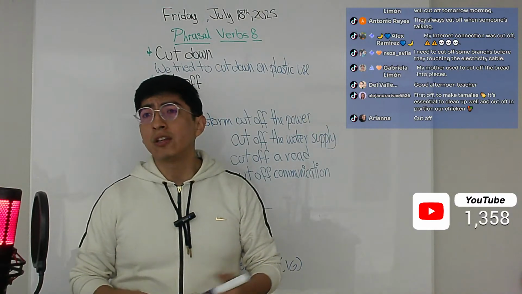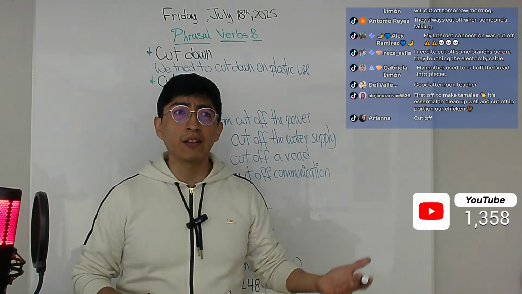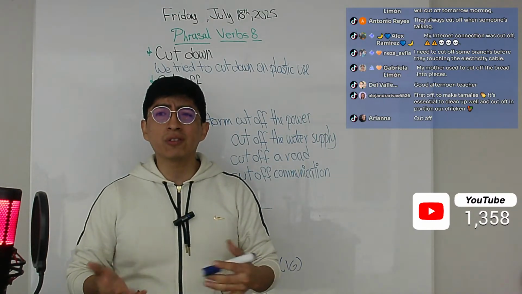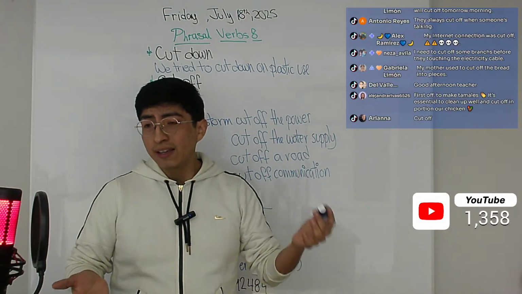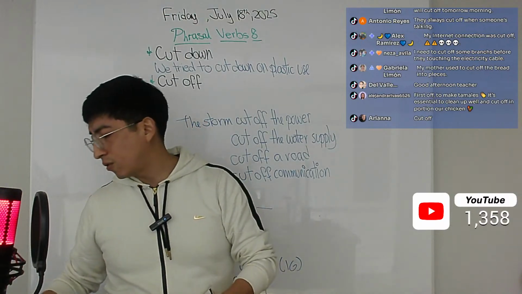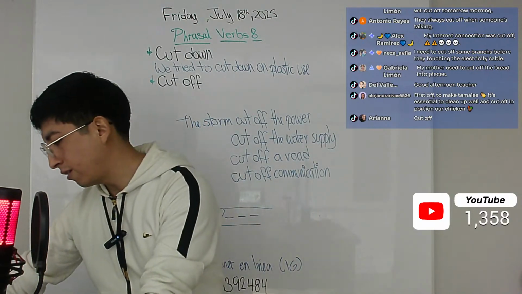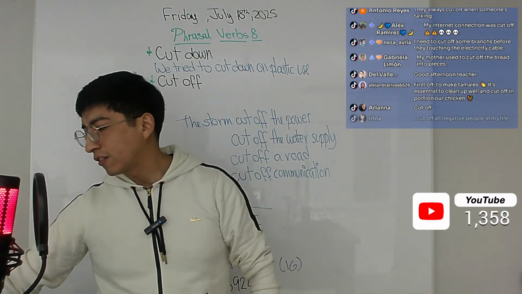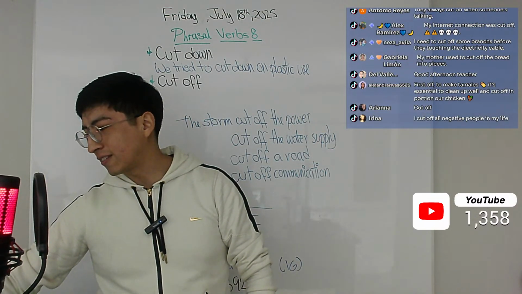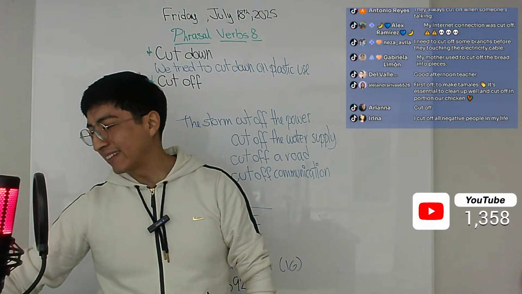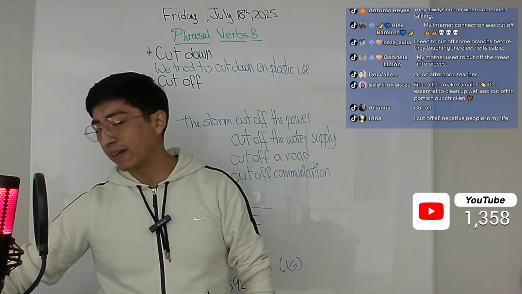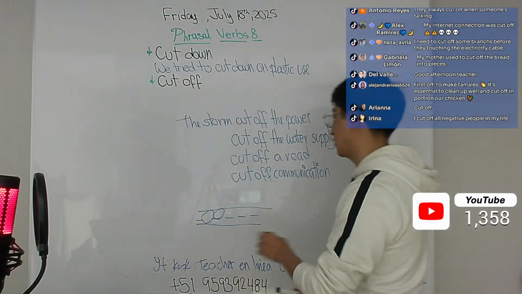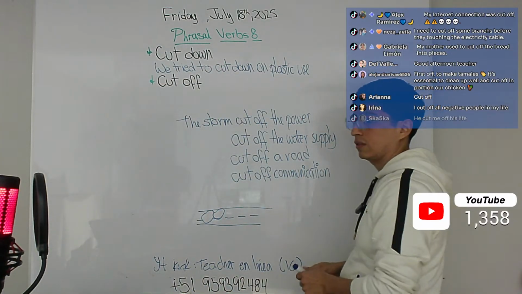You start asking his friends or her friends, oh, how is she? How is he? So guys, that is not going to help you. If you break up with someone, please cut off communication. Stop doing it. It is going to help you a lot. Okay, cut off contact. You can also say cut off contact.